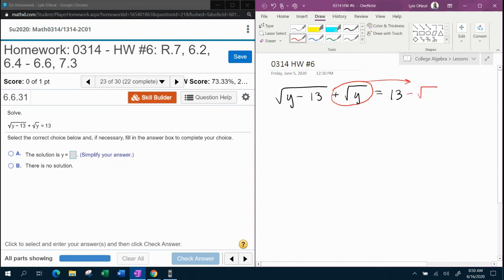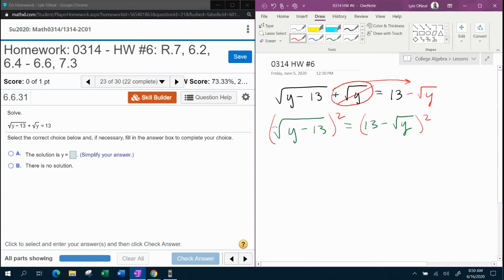That's going to make it minus square root of y. And then that will get the first radical isolated. So we're going to have square root of y minus 13 equals 13 minus square root of y. And then at this step, I need to square both sides.